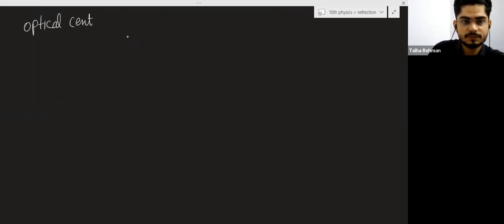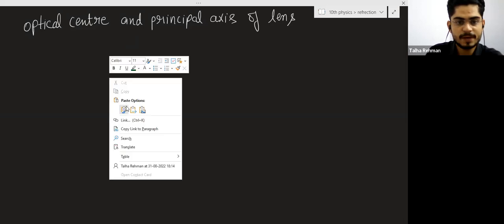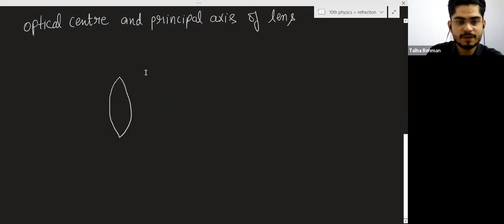Optical center and principal axis of lens. So suppose you have a lens, this is the lens you have.